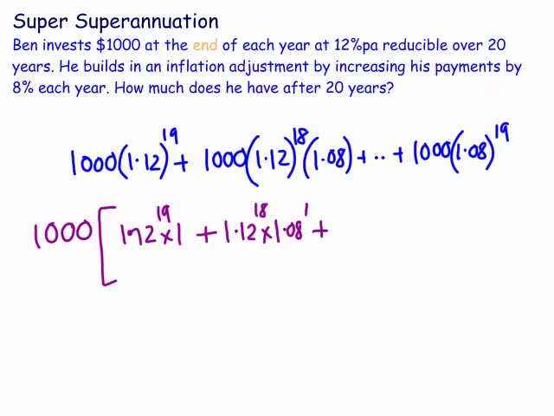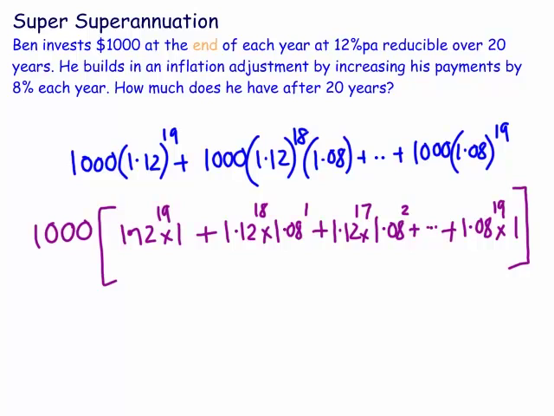Plus, the pattern we could keep going if you wanted to write another term in here, 1.12 to the 17 times 1.08 squared now, plus, dot, dot, dot, plus 1.08 to the 19, and there'll be a times 1 there if you wanted to as well, because that last $1,000, remember, didn't get any interest. But it was incremented for the 19 years at 8%.